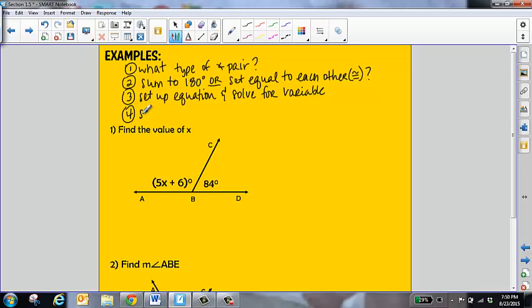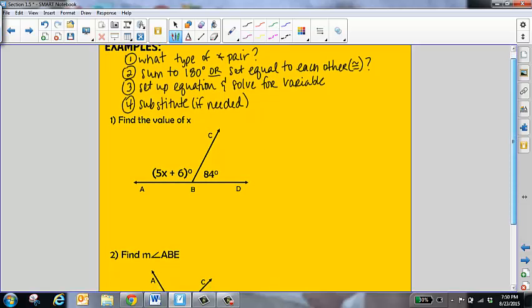Okay, so this step you're not always going to need to do, but you should always check to see if you need to go back and substitute that variable back in.